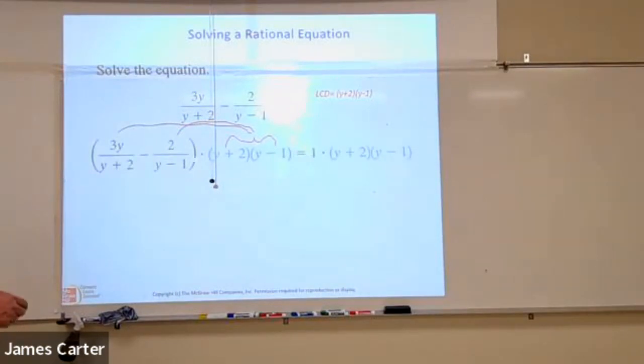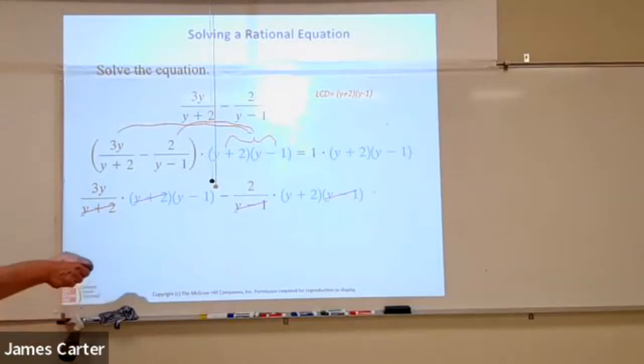Now, this one, they're going to have to distribute it, which when you distribute it, it's going to look like this. You're going to take these 2 times that first term. You're going to take these 2 times that second term, and they don't show it on here, but you got to take these 2 times that 1.